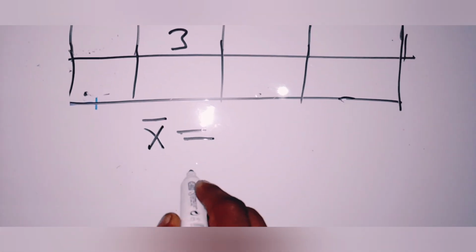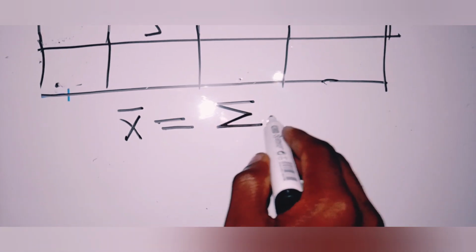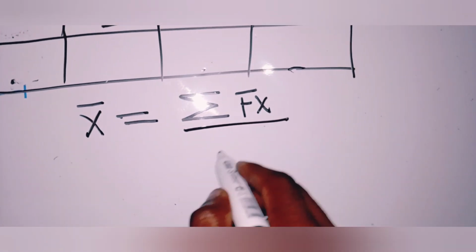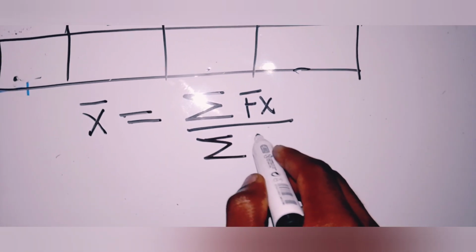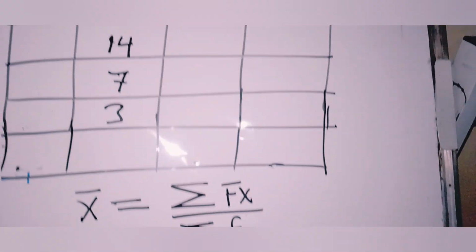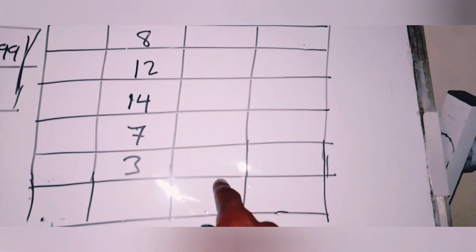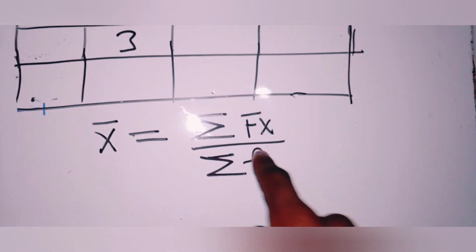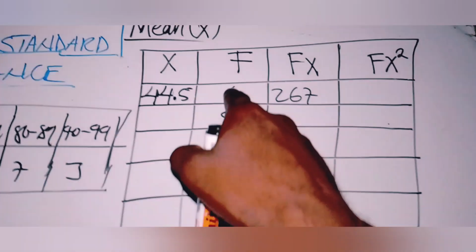X bar, the mean, is the sum of fx divided by the sum of f. Okay, what is fx? fx is what we are going to add. f is the frequency.